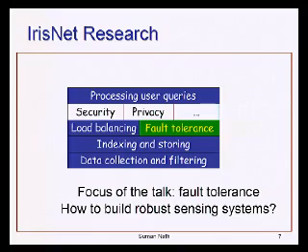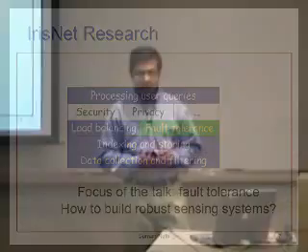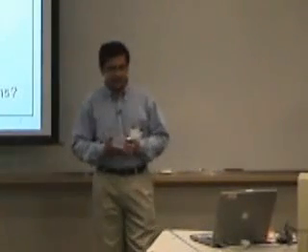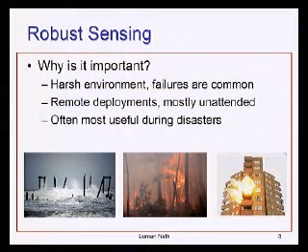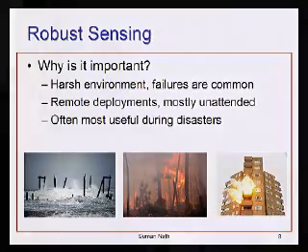But in this talk, I will talk about only one particular component of this whole architecture, which is fault tolerance. I will show how we make the applications built on IrisNet more robust, and that will be the focus of the talk. But if you are interested, I can talk about the other components after the talk.